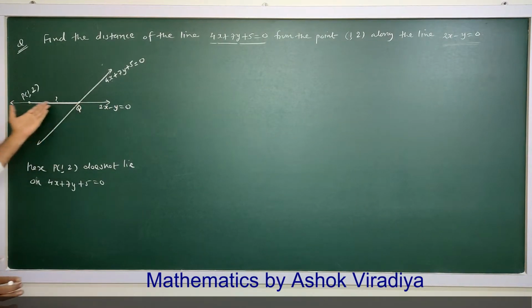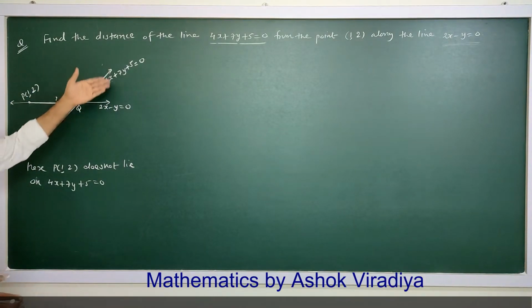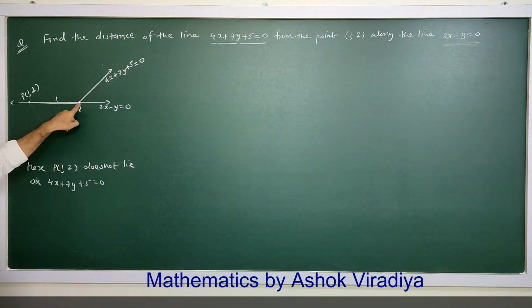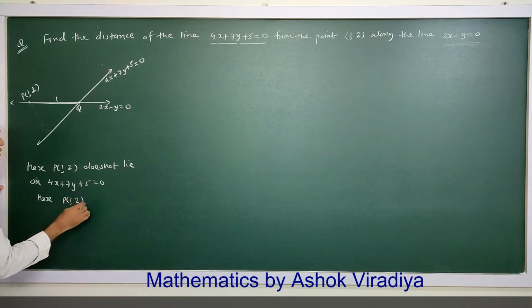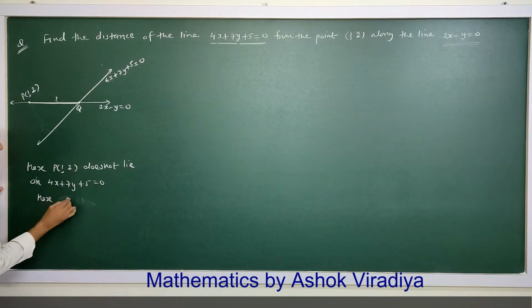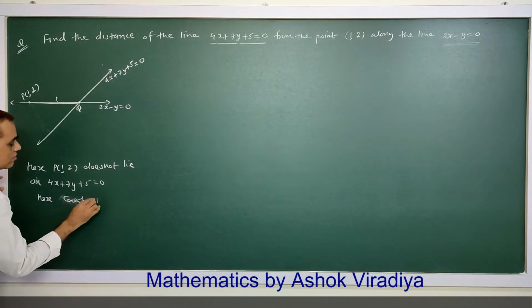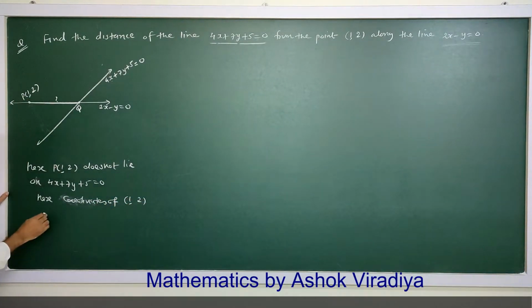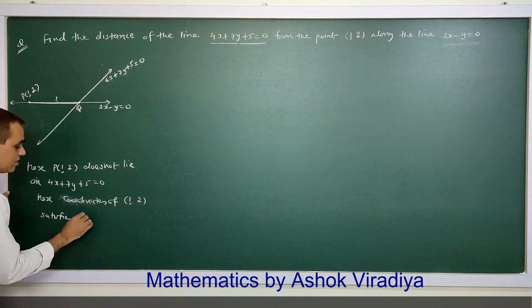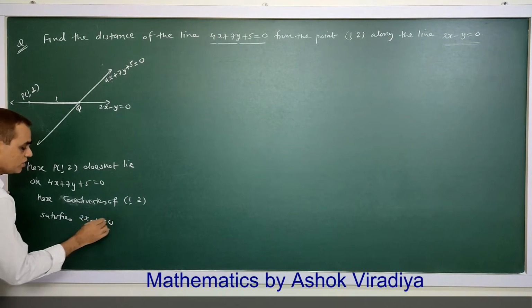Because the equations are given, the only required thing is the point of intersection. So here the coordinates of point P(1, 2) satisfy 2x minus y equal to 0.